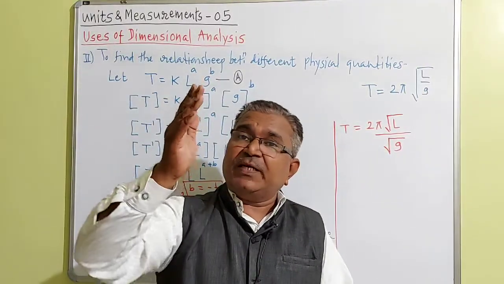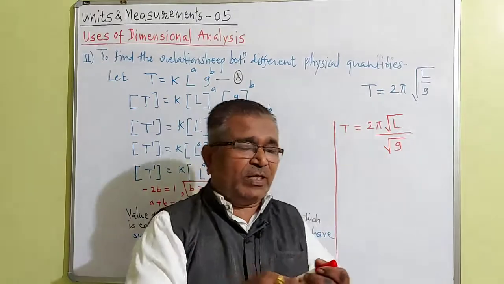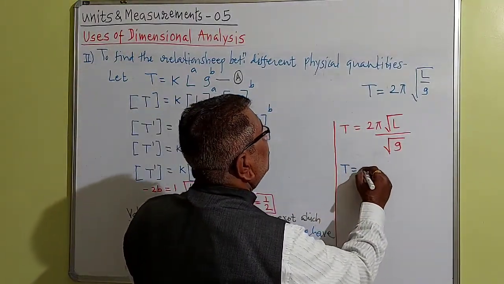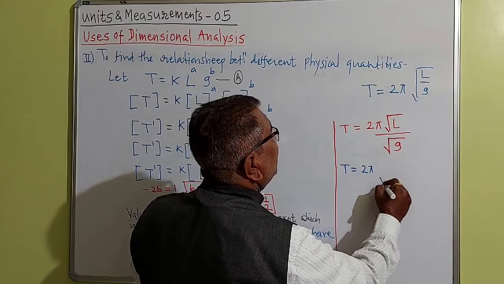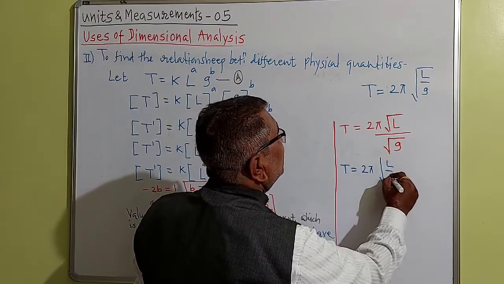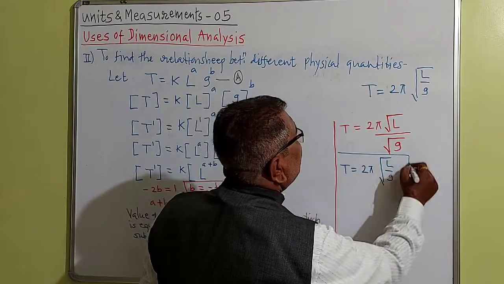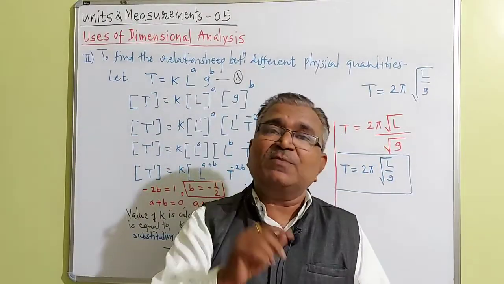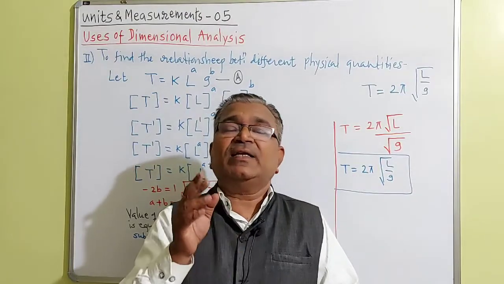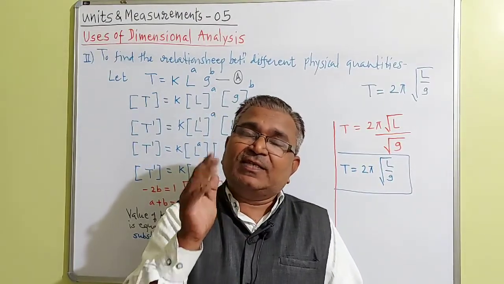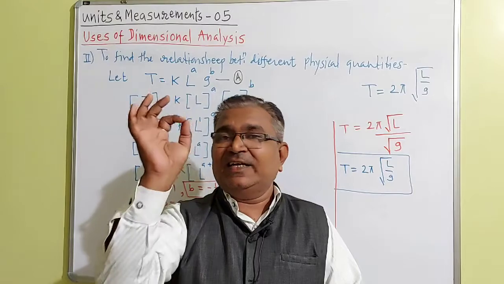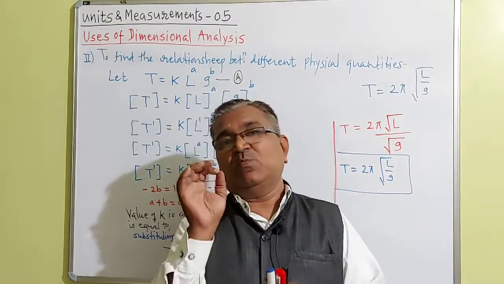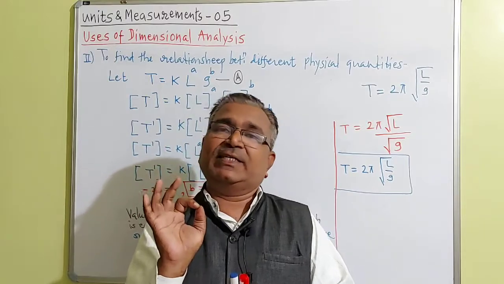So square root of L and square root of g combined together give T = 2 pi square root of L upon g. So this is our exact relation, the period of a simple pendulum, and we can find the relation between T, L and g by making use of dimensions. This is the most important use that we have studied here.